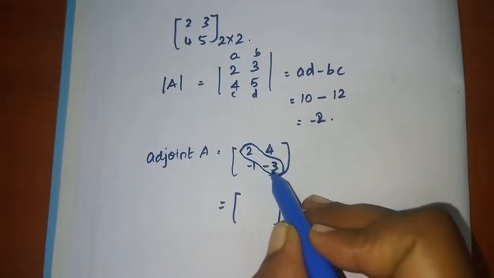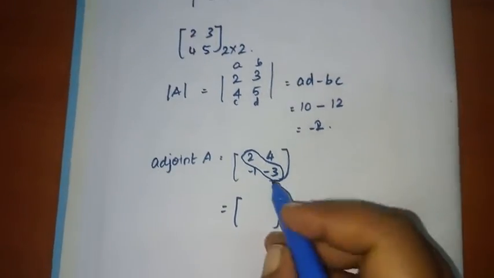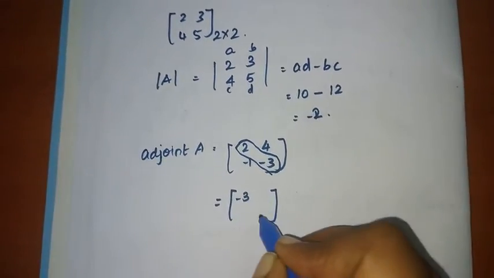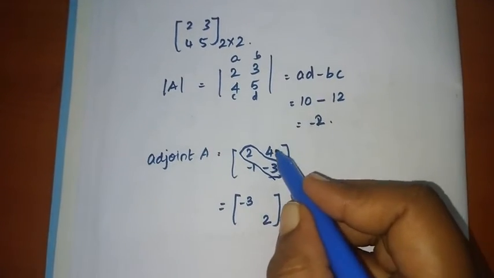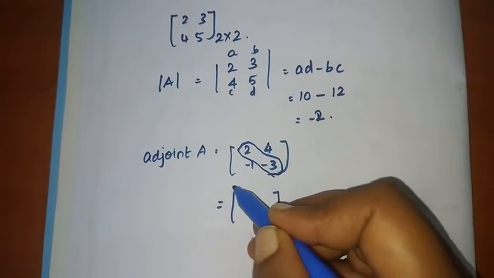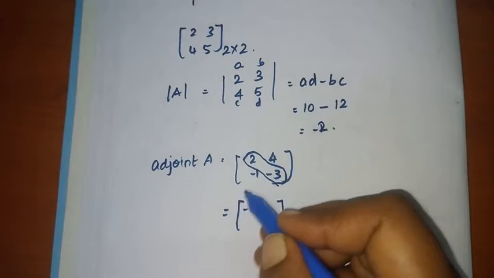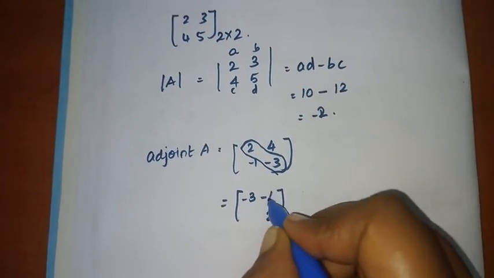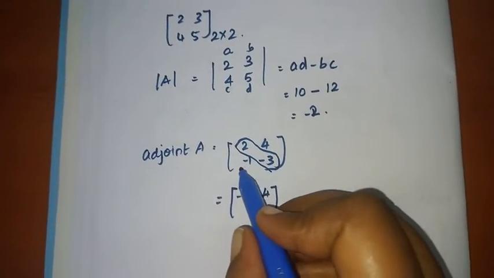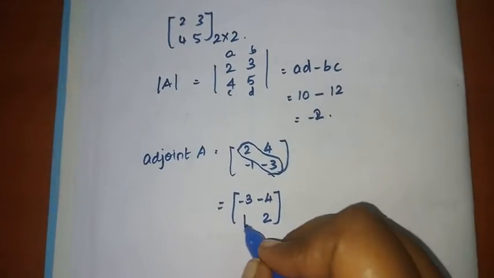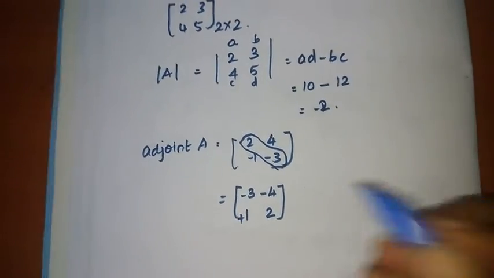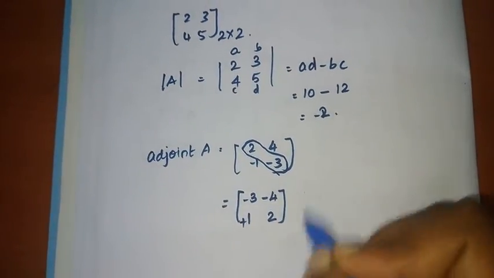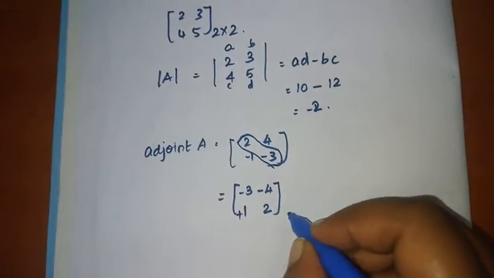So here 2 and minus 3 change places, and it becomes minus 3, 2. Then we should not change the numbers in this diagonal; we change the sign alone. Here having plus 4, I am writing minus 4. Here having minus 1, I am writing 1, which means plus 1. So this is the method for finding adjoint A for a 2 by 2 matrix.